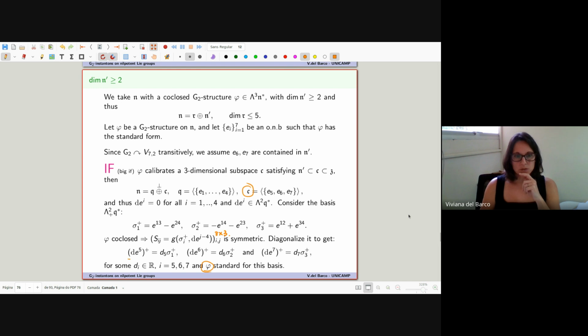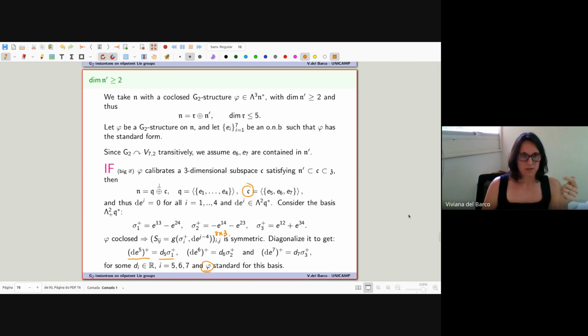But now the self-dual parts of the differentials of e5, e6, and e7 are exactly a multiple of the self-dual basis that you took. And this is the simplest you can get. Notice that we have no control on the anti-self-dual part, which is non-trivial in general.